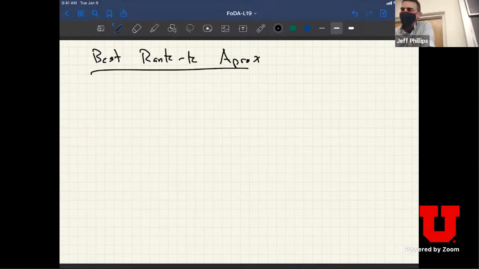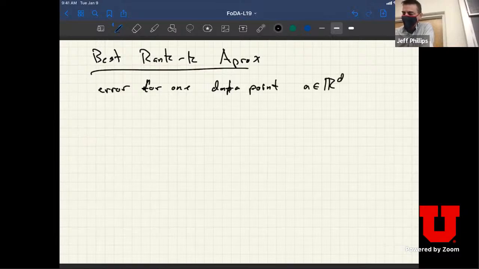I want to first think about the error for one data point A in R^D. We're going to think about A minus the projection onto B of A.